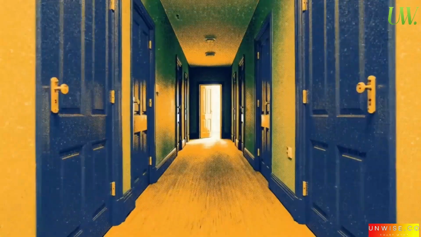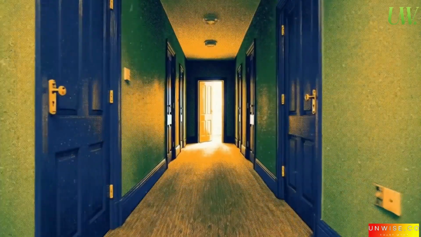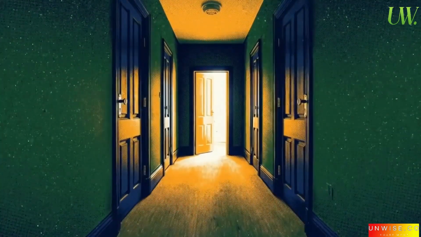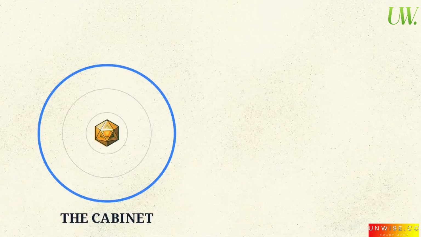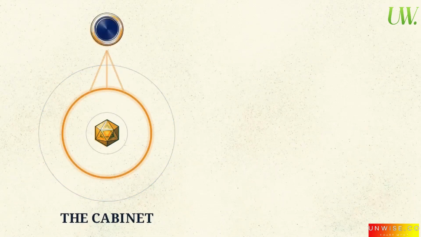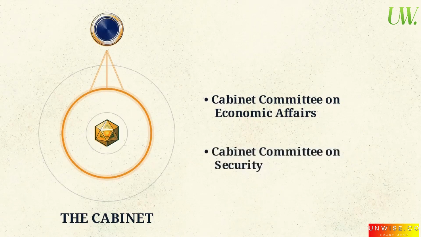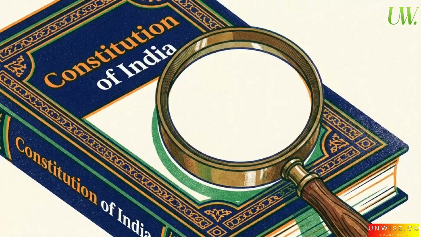If we move beyond the formal constitution and look at the practical reality, decision-making power is concentrated even further inward. Within the broader council, the cabinet acts as the supreme executive authority and the chief policy formulating body. To ease the cabinet's heavy burden, labor is divided into cabinet committees, allowing for in-depth analysis on complex issues like economic affairs or national security.